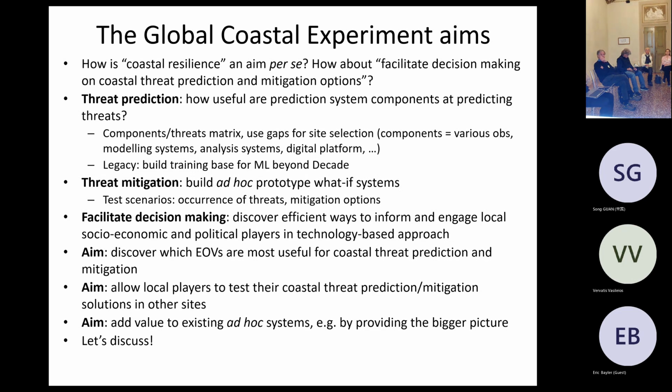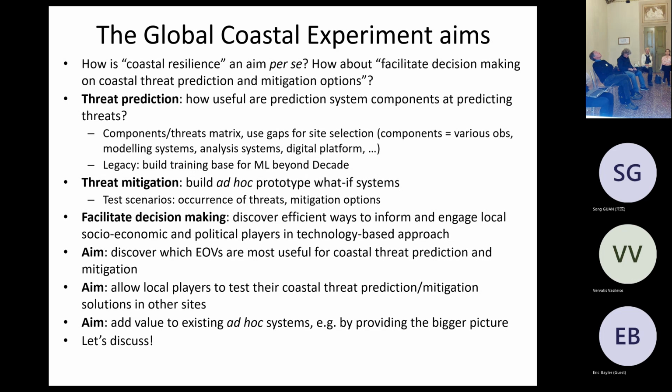Here, another aim also could be to allow local players to test their coastal threat prediction and mitigation solutions in other sites. So that's also why it's not only a top-down approach, clearly. It has to be also fruitful for everybody, for participants.